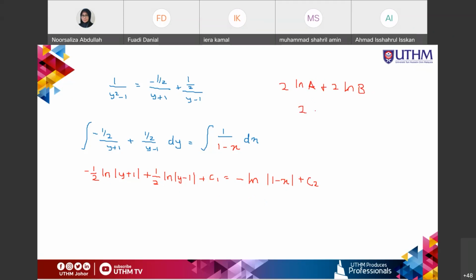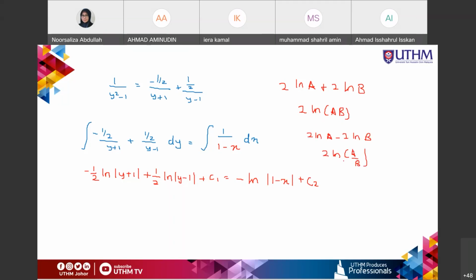You akan dapat 2 ln A B, betul? Kalau awak ada 2 ln A minus 2 ln B, awak akan ada 2 ln A per B. Betul? Awak kena ingat, ini semua you all punya basic.